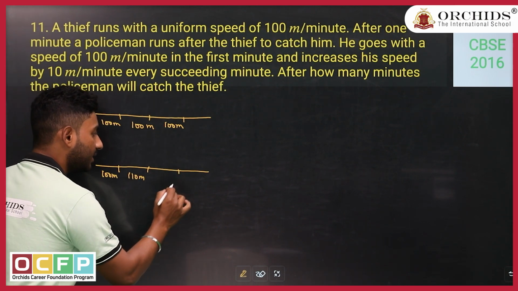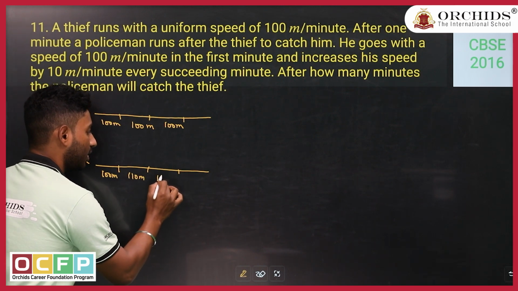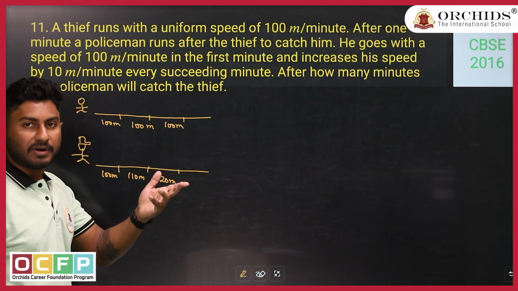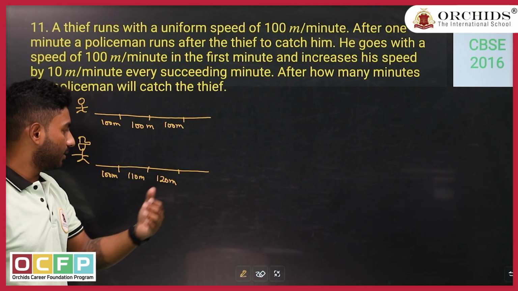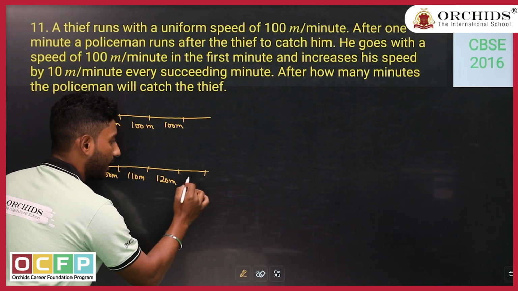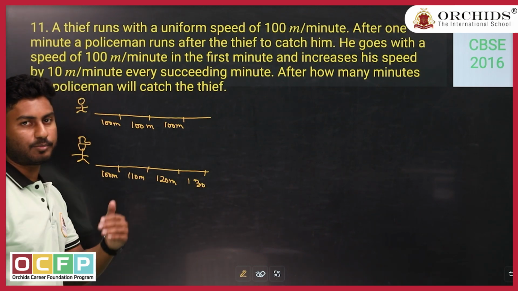What will be the speed in the next minute? It will be 120, right? So he will cover 120 meters in the third minute. In the next minute it will be 130, and that's how the policeman is running.